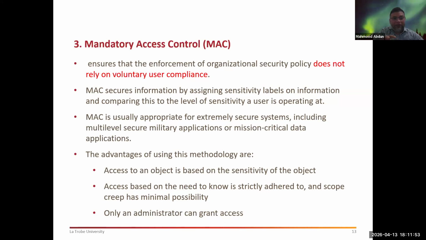That's it. So in mandatory access control, everything is articulated in terms of labels. So if you have a secret level clearance, you will be able to see secret level information that's classified as secret and below. That's the difference with RBAC. You cannot use RBAC to do that. That can be only done through mandatory access control. Is that clear?